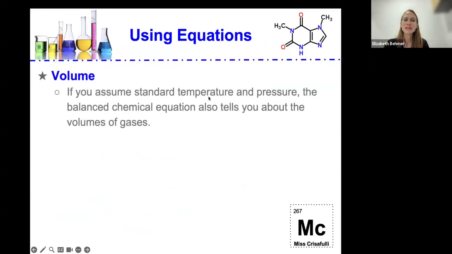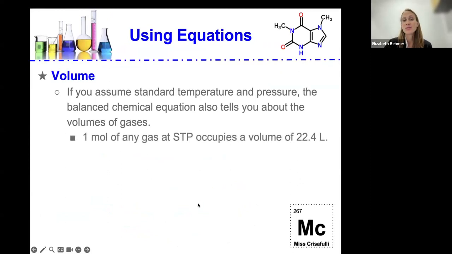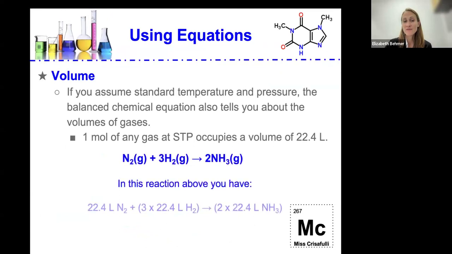If you assume standard temperature and pressure, the balanced chemical equation also tells you about the volume of gases. And remember that 1 mole of any gas at standard temperature and pressure will occupy a volume of 22.4 liters. In this reaction above, you have 1 mole of nitrogen, so you have 22.4 liters of nitrogen, plus 3 moles of hydrogen gas.